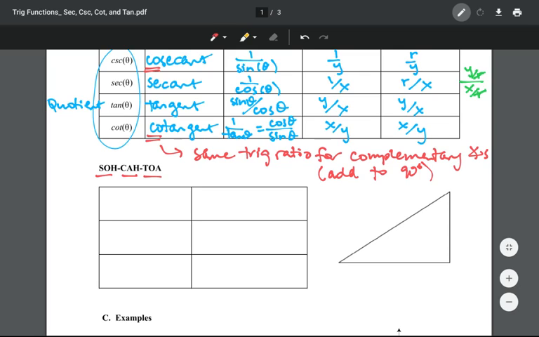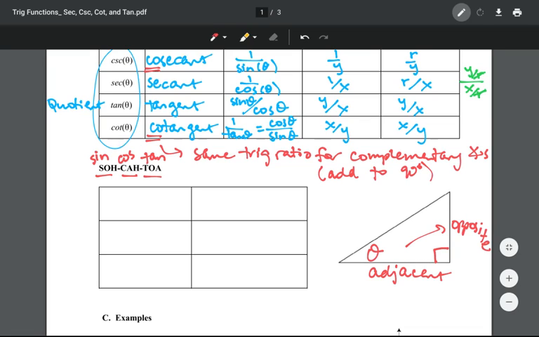S is for sine, C is for cosine, and the T is for tangent. I'm going to put an angle here. This is a right triangle, and I'm going to label these relative to my angle. Relative to my angle, this would be the adjacent side, or right next to. Over here, this leg would be the opposite side.